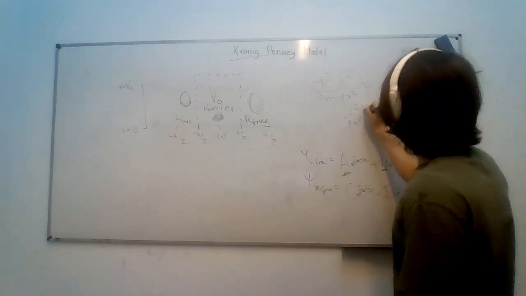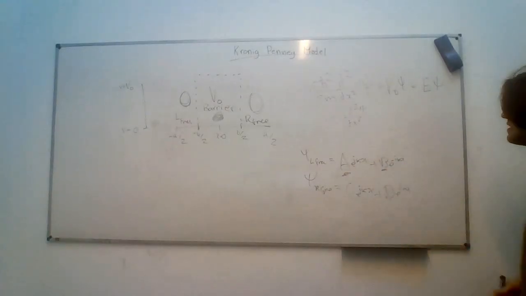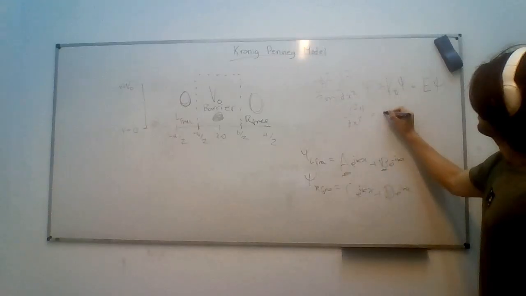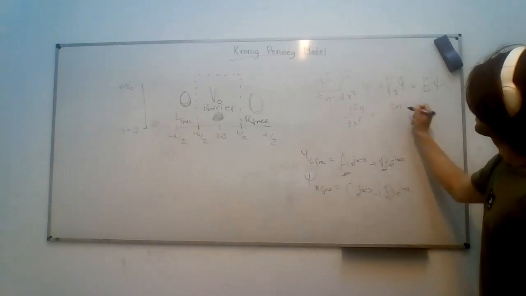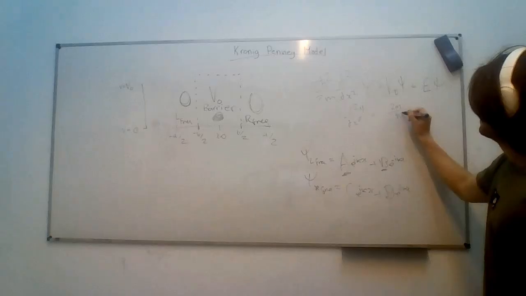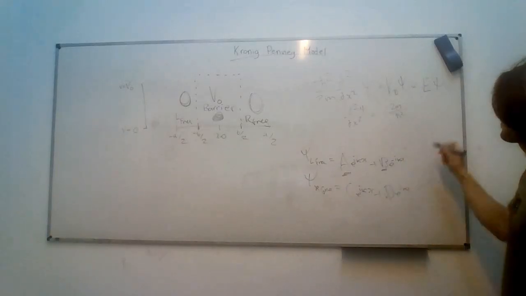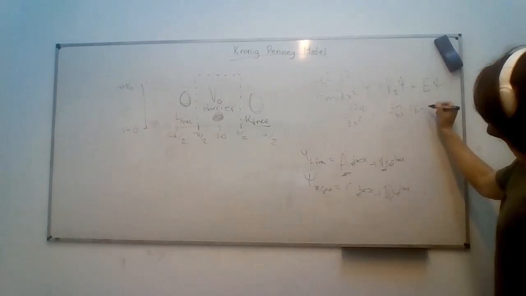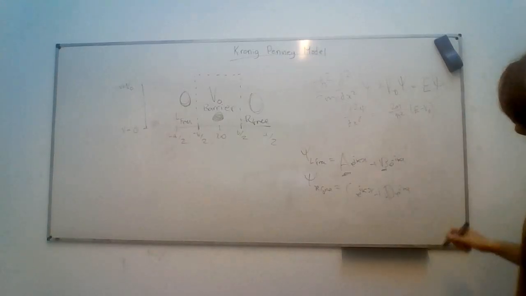We have the second derivative of the wave function with respect to x is going to be equal to minus 2m over h bar squared multiplied by E minus V naught. And obviously this whole thing is multiplied by psi.